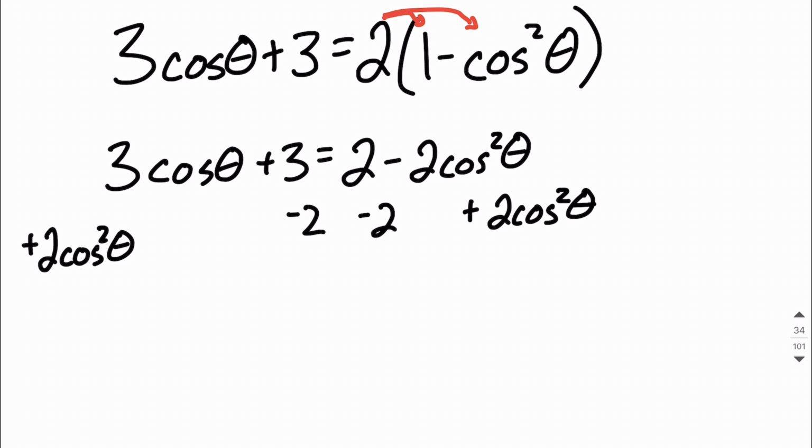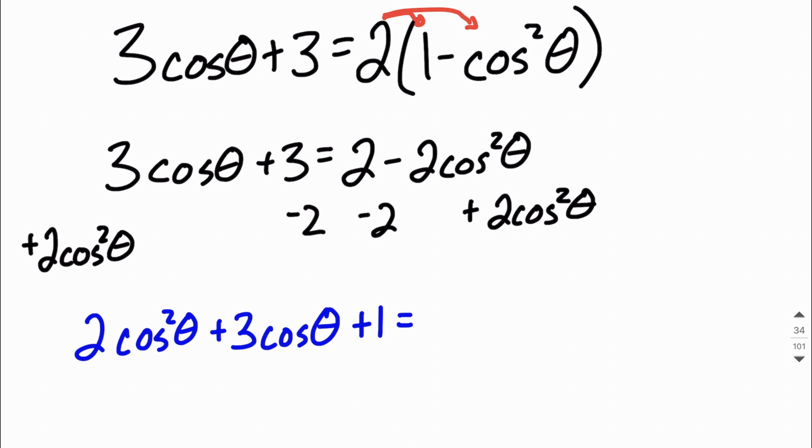Okay, so that's going to leave us with 2 cosine squared of theta plus bringing down the 3 cosine of theta. And then combining our like terms on the left-hand side, we have 3 minus 2 leaves us with positive 1. And on the right-hand side, we've planned this out so that 2 minus 2 makes 0.